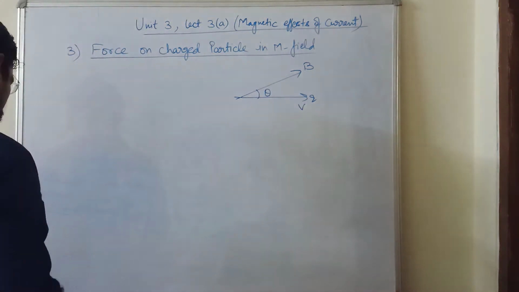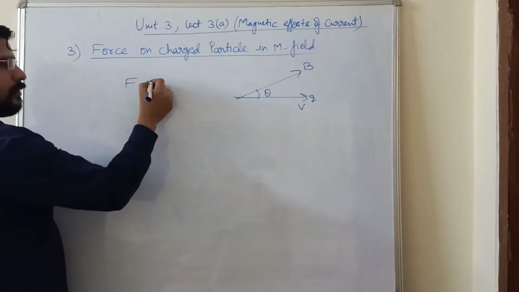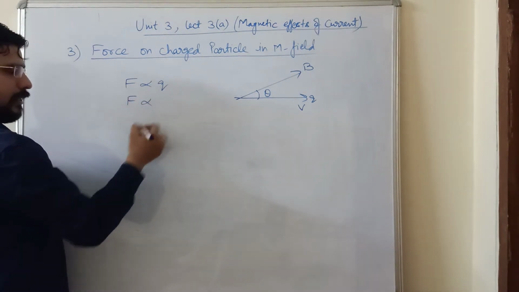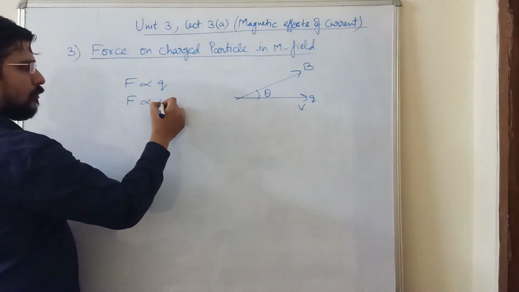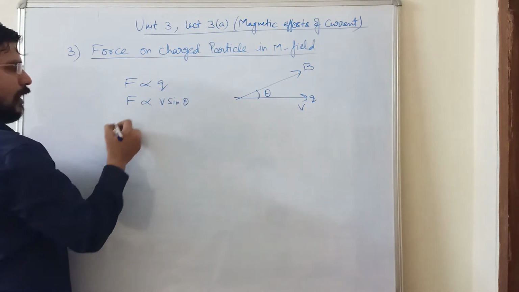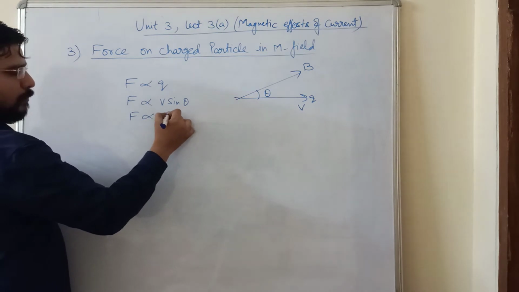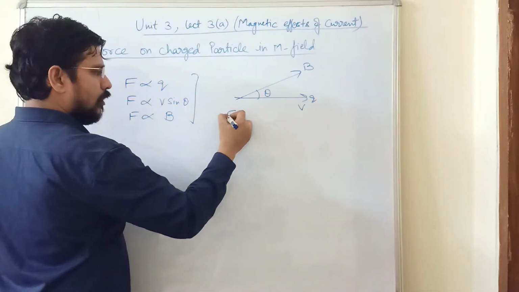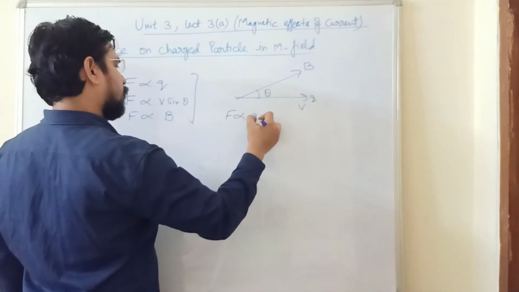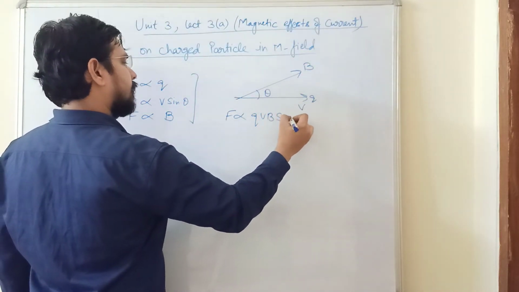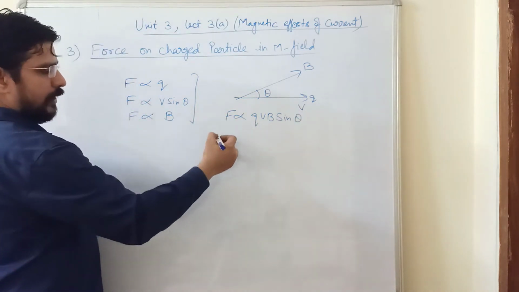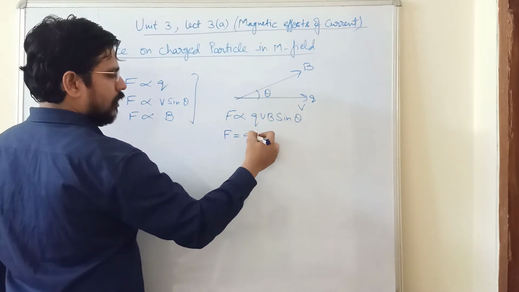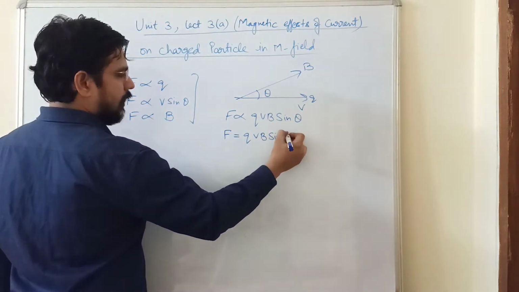Then the force F on the charged particle is directly proportional to the magnitude of charge, directly proportional to V sine theta, and directly proportional to the magnitude of B. Combining these three, force is directly proportional to QVB sine theta. When we remove the proportionality, a constant comes in, but this time the constant is 1. So F is equal to QVB sine theta.